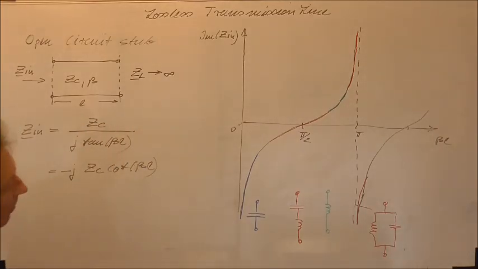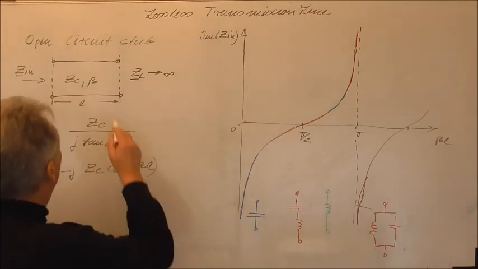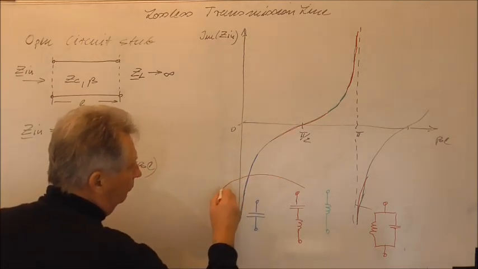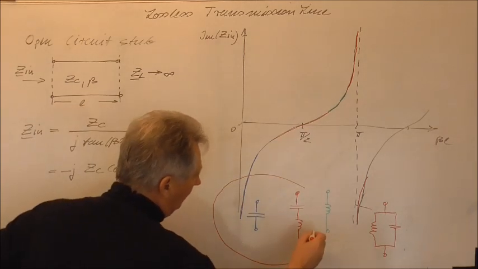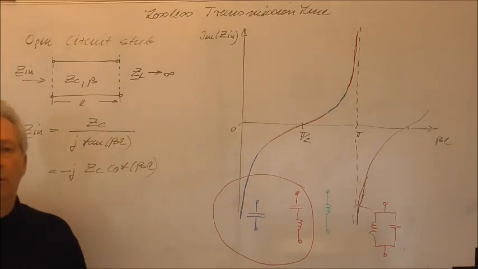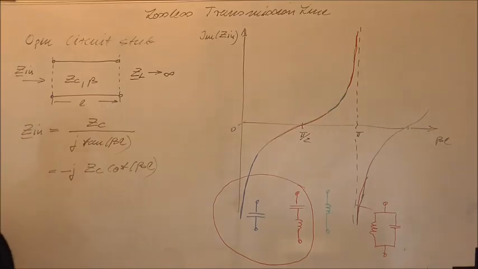And so normally, if you use an open circuit stub, you will use it to realize a capacitor or a series resonance circuit. So these are the preferred elements to be realized with an open circuit stub.